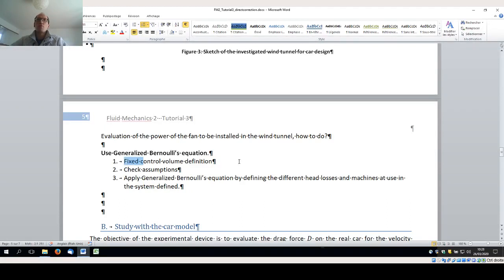So for a generalized Bernoulli equation, the control volume definition needs to be fixed. And usually we try to choose inlet and outlet with piezometric pressure constant.